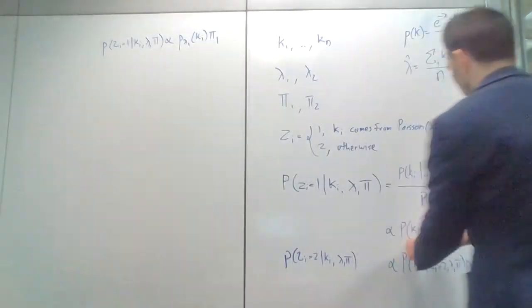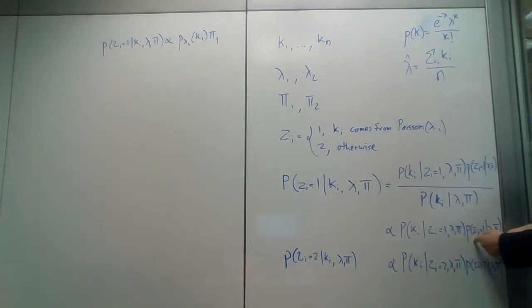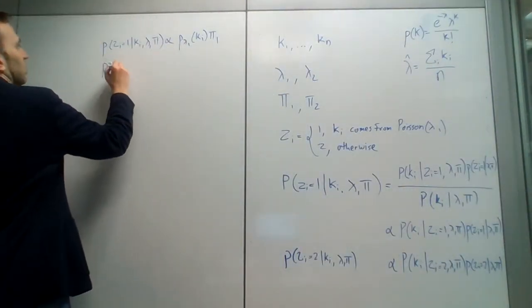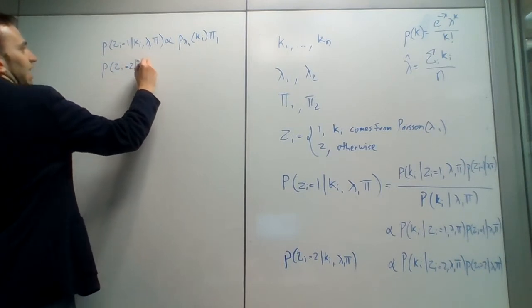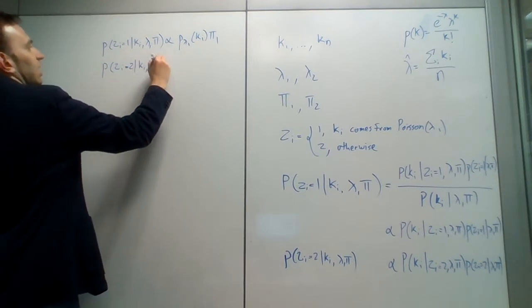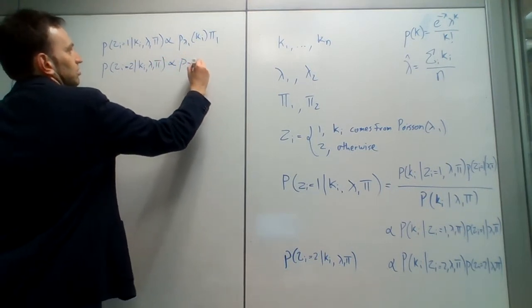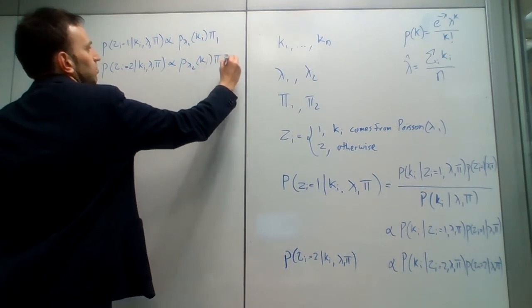This is just ki given zi equals 1, and this is the probability of zi equals 1 given pi. We don't really care about the lambda here, we don't care about the pi here. Likewise, the probability of zi equal to 2 given ki and lambda and pi is proportional to p lambda 2 of ki times pi 2.